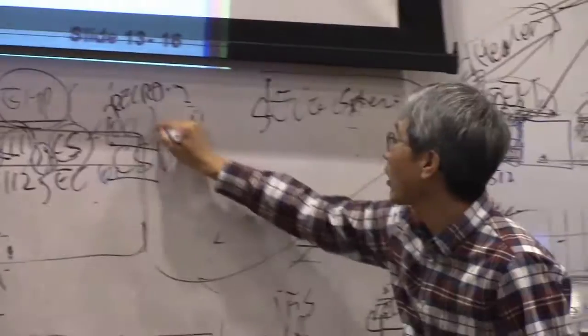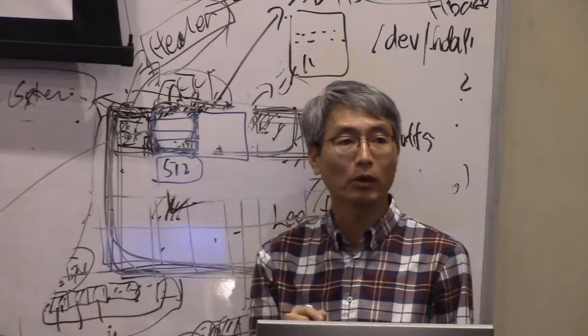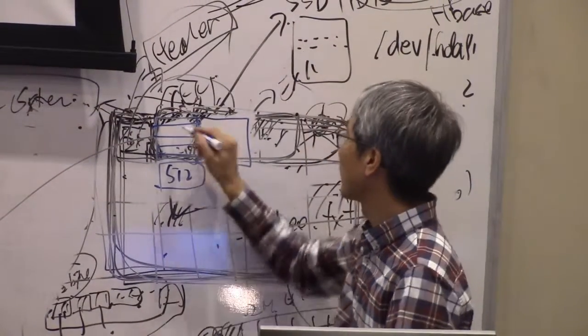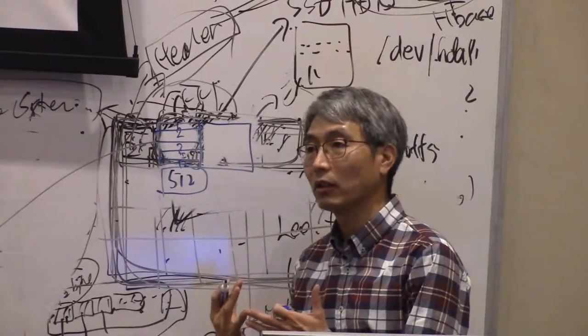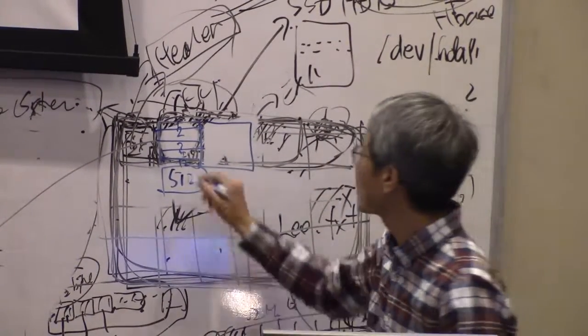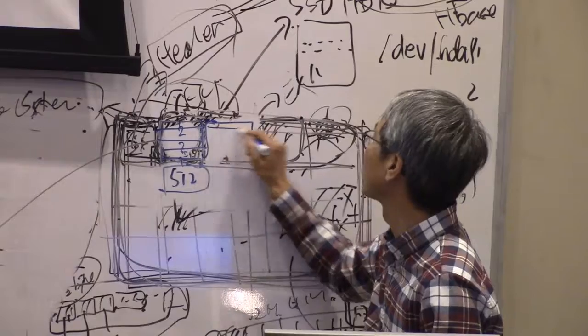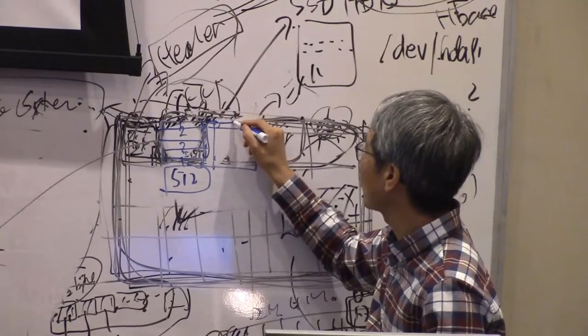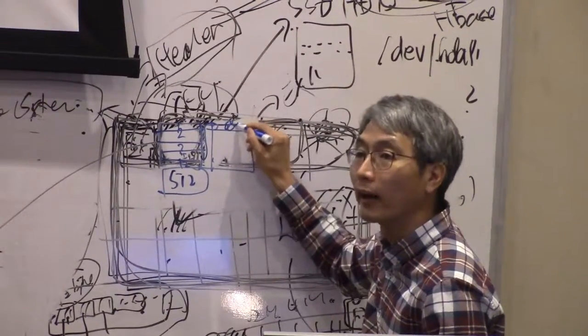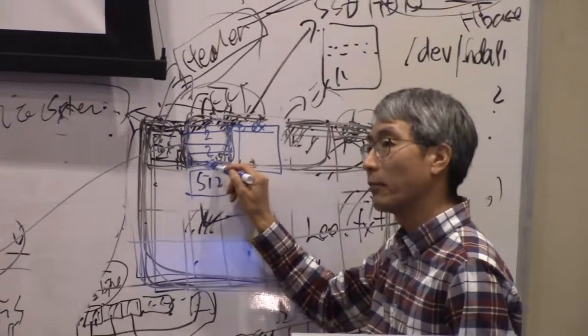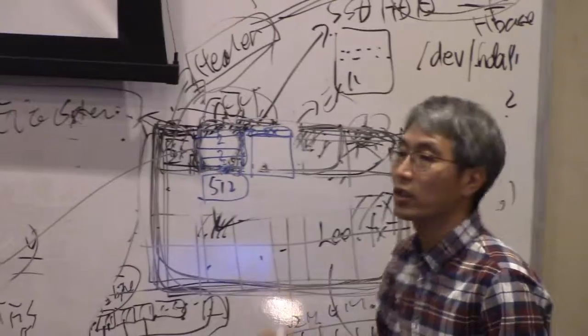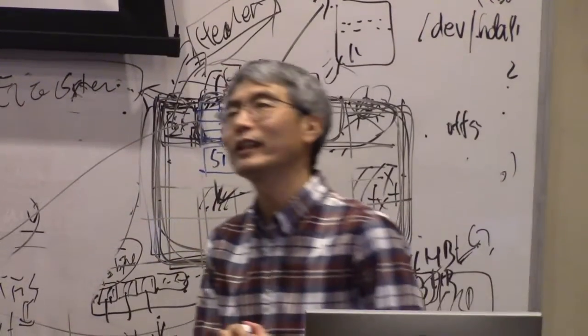Each record is 100 bytes, and our block size is 512 bytes. How many records? 5 of them. So 1, 2, 3, 4, 5. 12 bytes is a remainder. If you use the 12 bytes and connect to the next block, so this one will be 88 bytes, it's called spanned. If you ignore the remainder and create a new one, it's unspanned. Which one is faster?